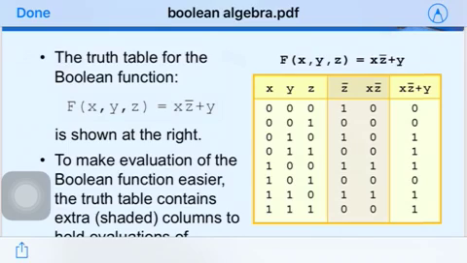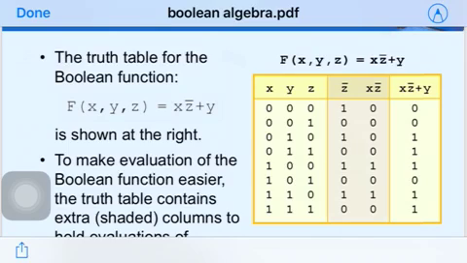We will write the truth table for this Boolean function. Because there are three input variables x, y, z in the function, there are 2 power 3 combinations in the truth table. 2 power n different combinations will be there in the truth table, where n is the number of input variables. Because there are 3 variables here, 2 power 3, that is 8 combinations.